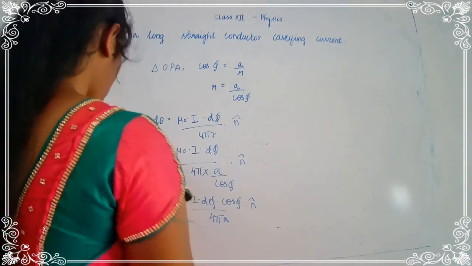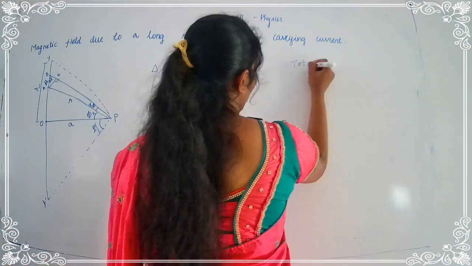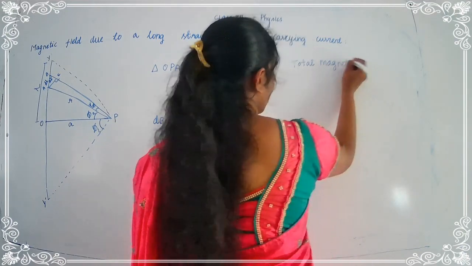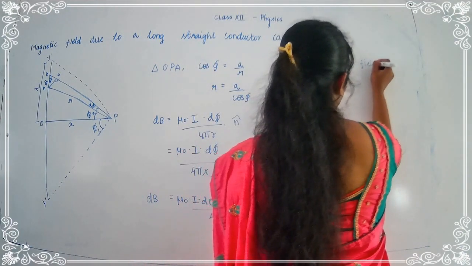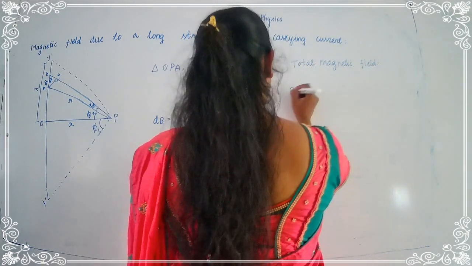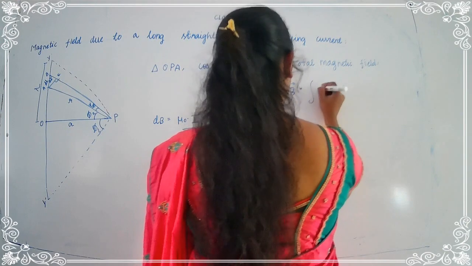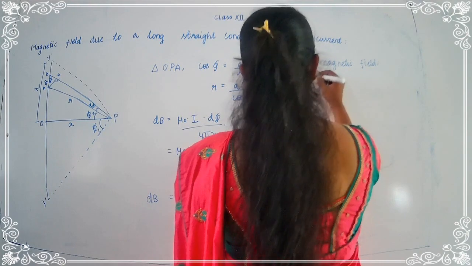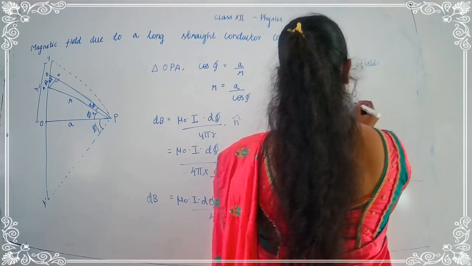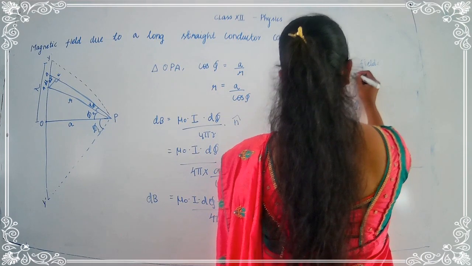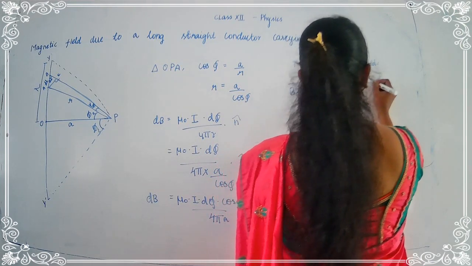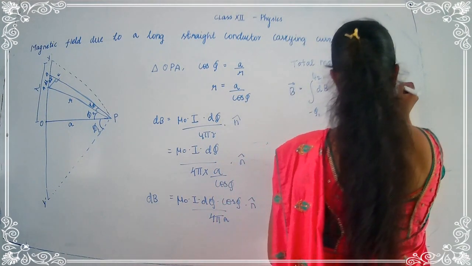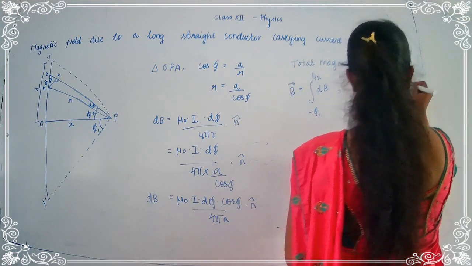Now, for the total magnetic field, we are going to find the total magnetic field. So, B vector is equal to the integral of dB, from minus phi 1 to phi 2, mu naught I by 4 pi a cos phi dφ into n cap.